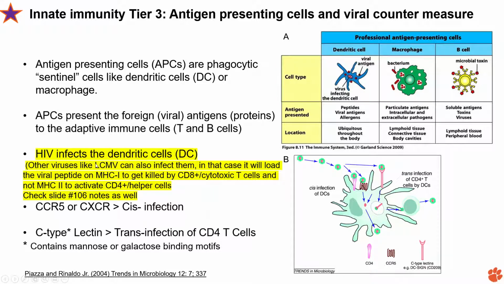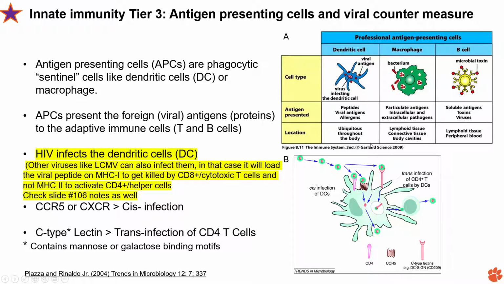I just wrote other viruses like LCMV, not only HIV, can infect them. In that case, it will load the viral peptide onto MHC1 and get killed by the CD8 or cytotoxic T cell, and not onto MHC2 to activate the CD4 helper cells. So we'll correlate that with slide 106.